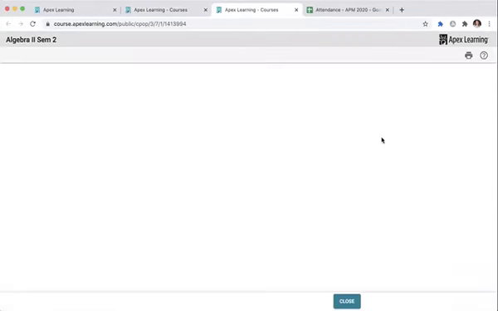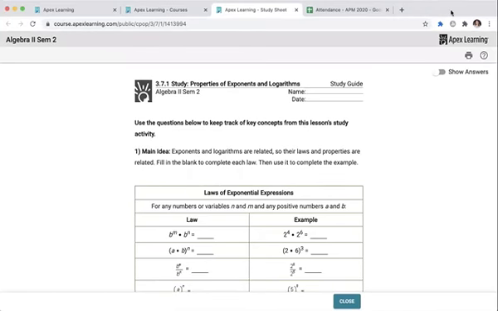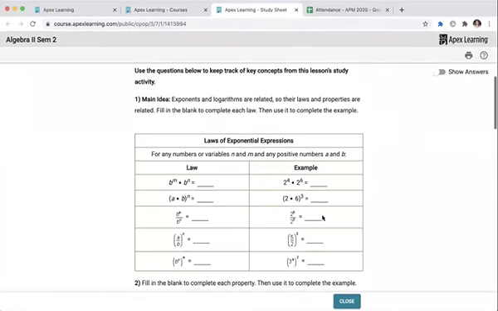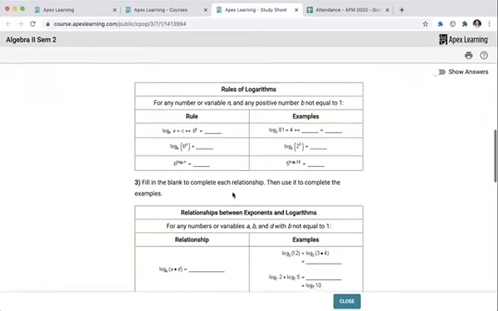All right, so then looking at our study sheet here, of course, this is going to be super important. Our laws of exponential expressions are summarized really nicely here in this table. And then looking at our different rules of logarithms, that's going to be really, really helpful for you moving forward.